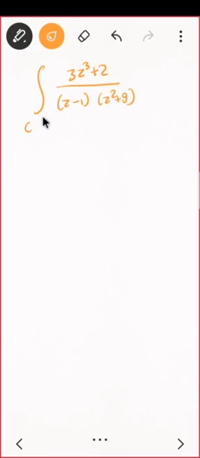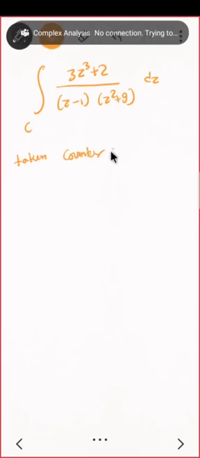So solve this integral: the integral of (3z cube plus 2) divided by (z minus 1)(z square plus 9) over some contour C, taken counterclockwise around the circle.